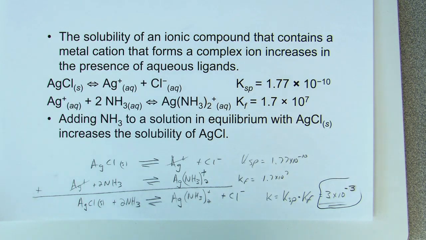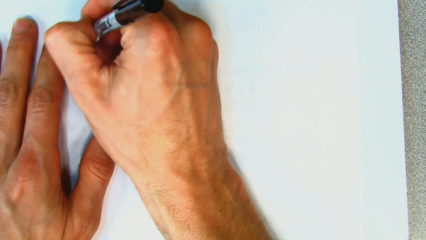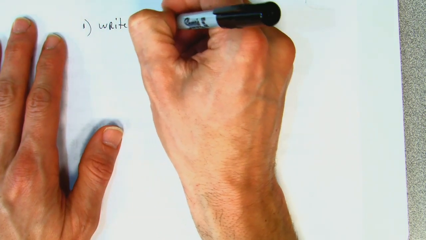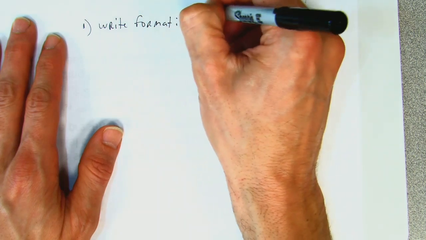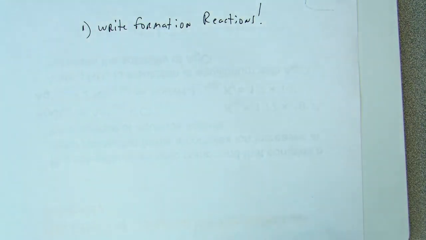All right, so the major ideas here, if I'm going to summarize for you to study for this particular section: one thing that I want you to be able to do is write formation reactions. You've got to be able to write the formation reactions.